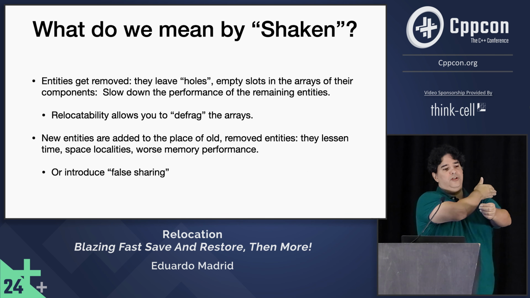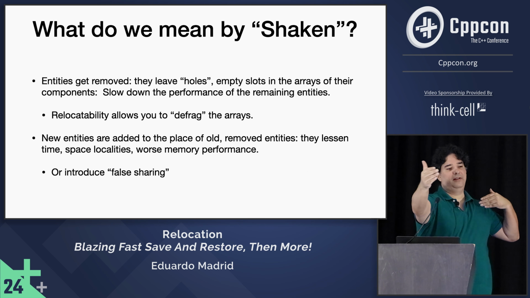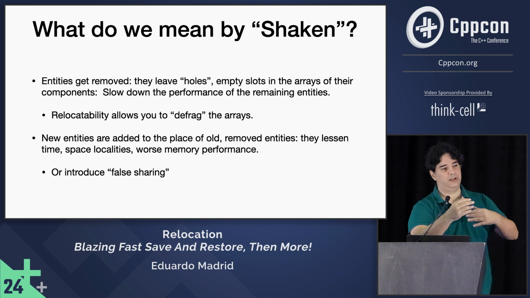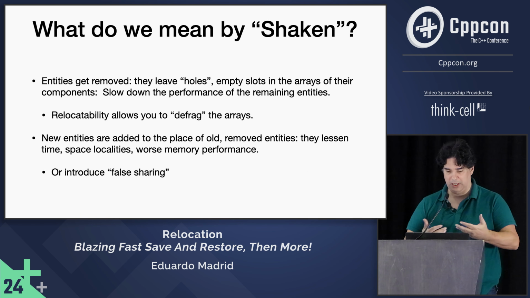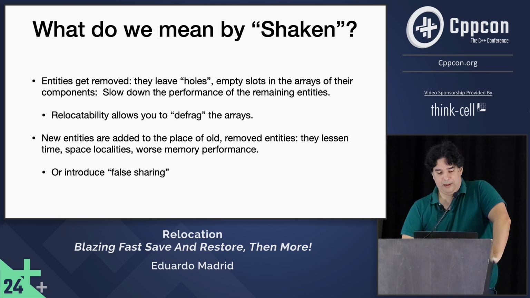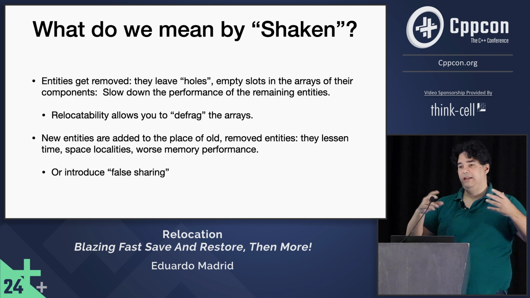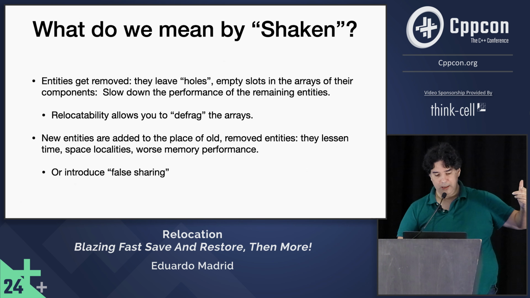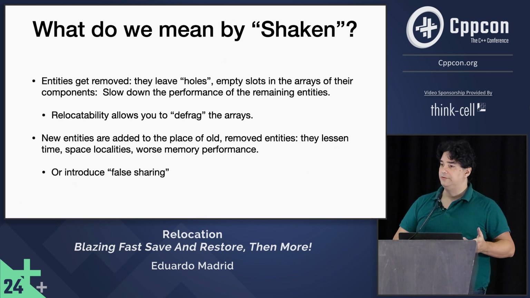And now they are in a position where they don't have the same locality with the members that they have the access pattern. Or this process can introduce the problem of false sharing, okay?